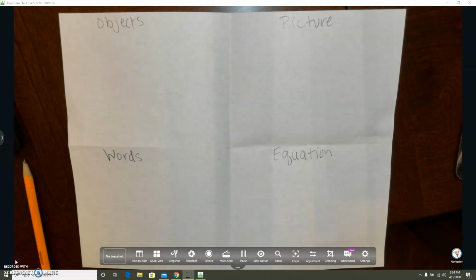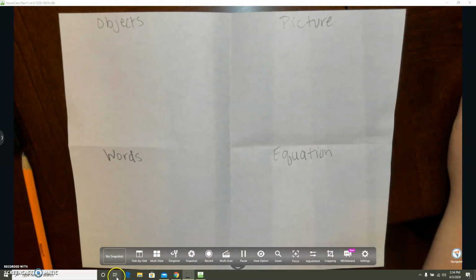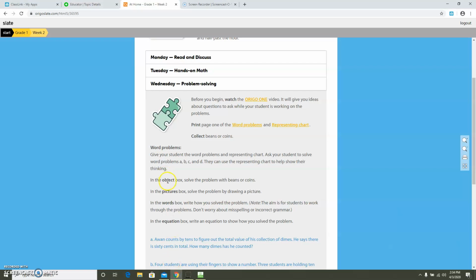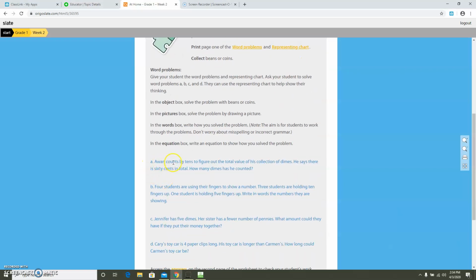So the first thing we need to know is we've got to read our problem, don't we? So let's go back over here, and we're going to do this one right here. Where it says A, this one that I'm highlighting, that's the one we're going to do. Okay, so it says a wand counts by tens. So you guys remember how we count by tens?